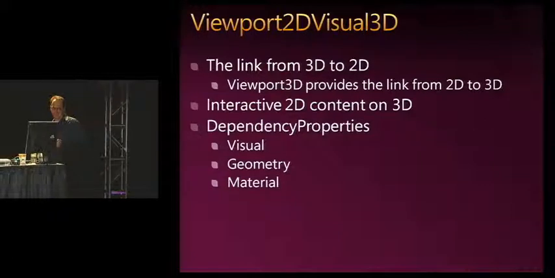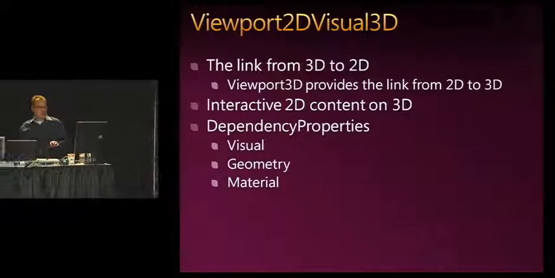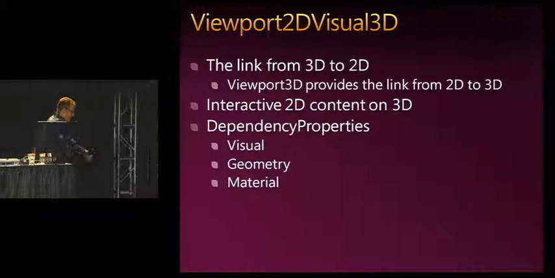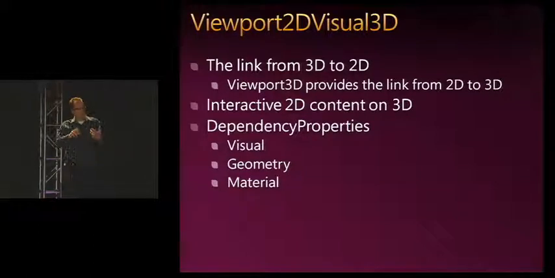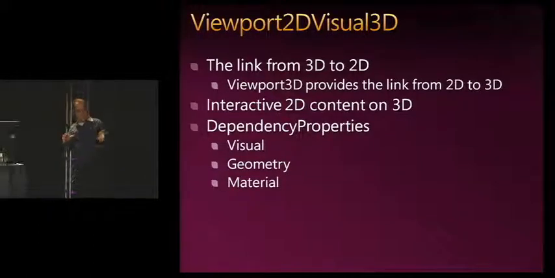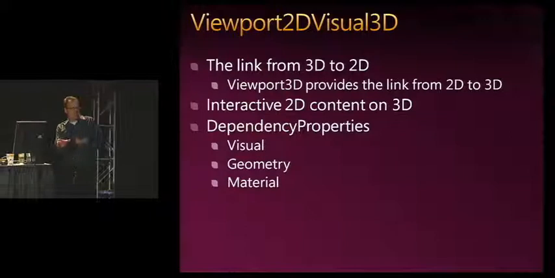Say that 3 times. So the naming convention for this class, which we debated, is basically similar to a lot of the other graphics types in WPF. Typically, you look at this thing and you know this is a visual 3D. And what we're saying is, well, it's a viewport 2D, which is a visual 3D. So this is kind of the viewport to go back into 2D.